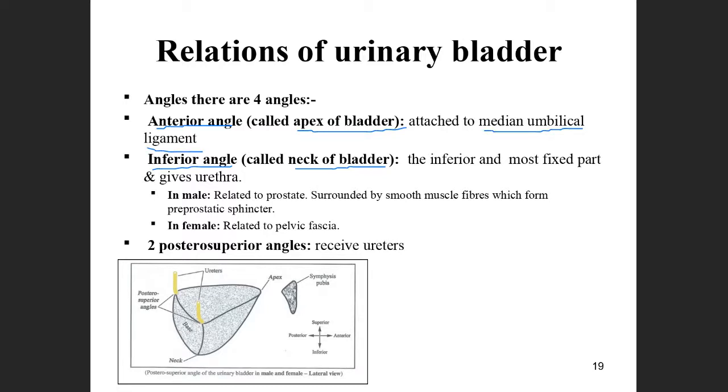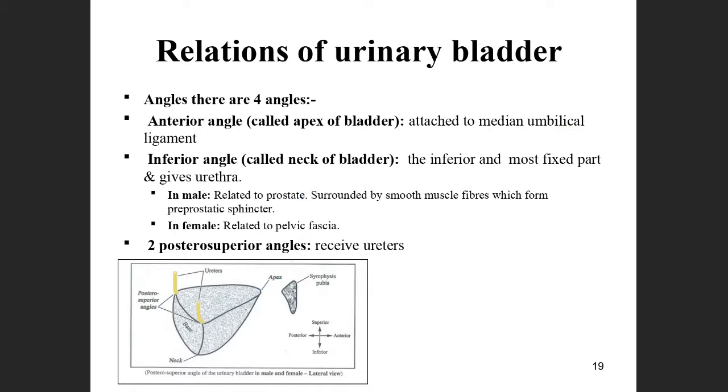Here, this is the apex. It is attached like this. In the abdomen, you have a small hole. That structure is called the umbilicus. The ligament attaching here from the apex of the urinary bladder to the umbilicus is called the median umbilical ligament.